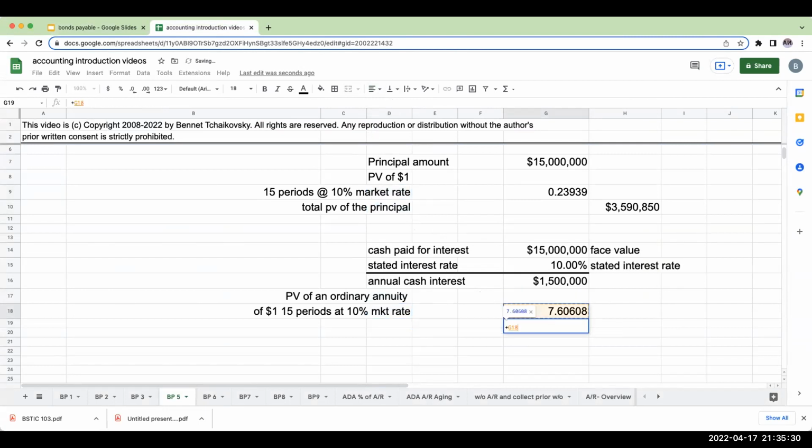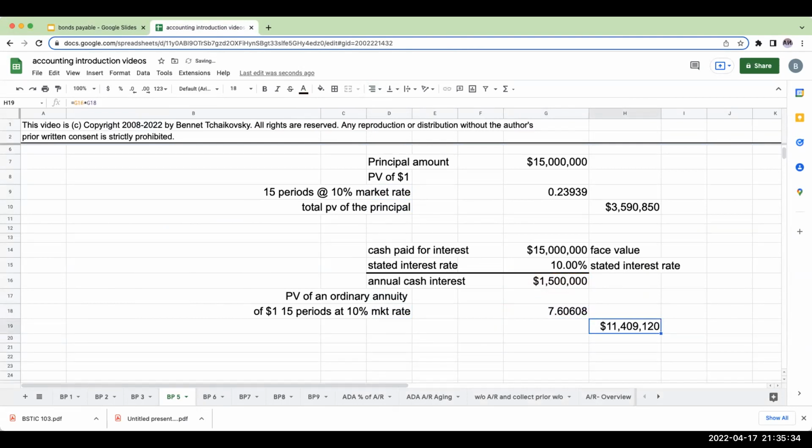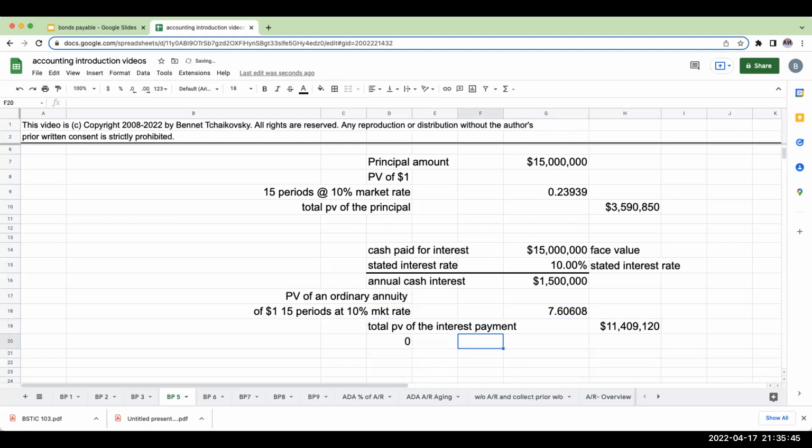So when I multiply this through, what I get is 11,409,120. So my total present value of the interest payments is going to be 11,409,120.